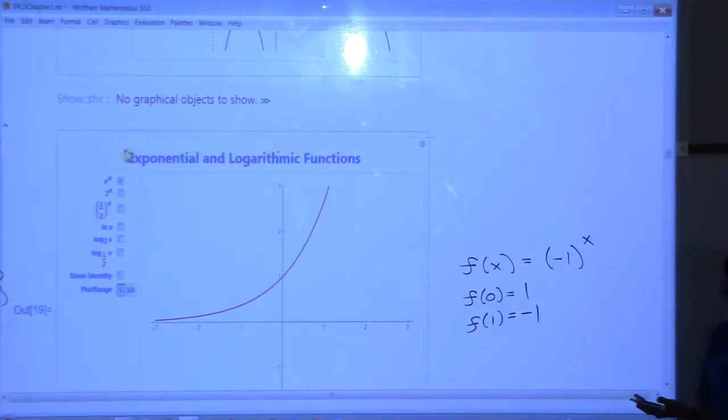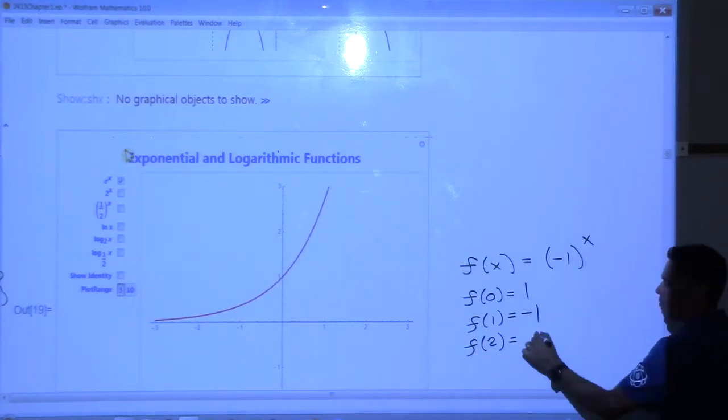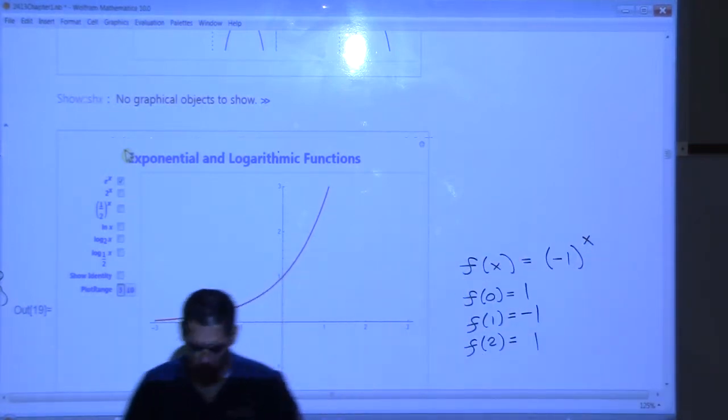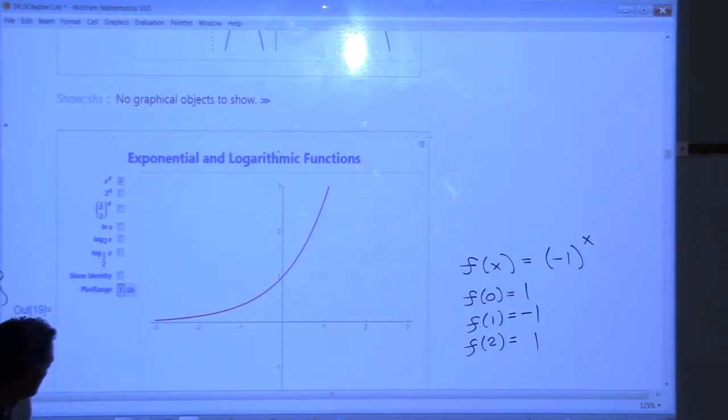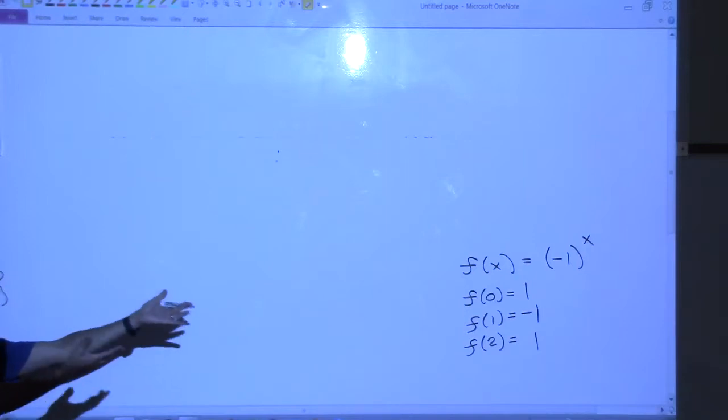So far, no problem. What if we plug in 2? We get 1. What if we plug in 3? -1. 4, 1. Are y'all following me? Okay, so it seems like it's defined, right? It actually is something.